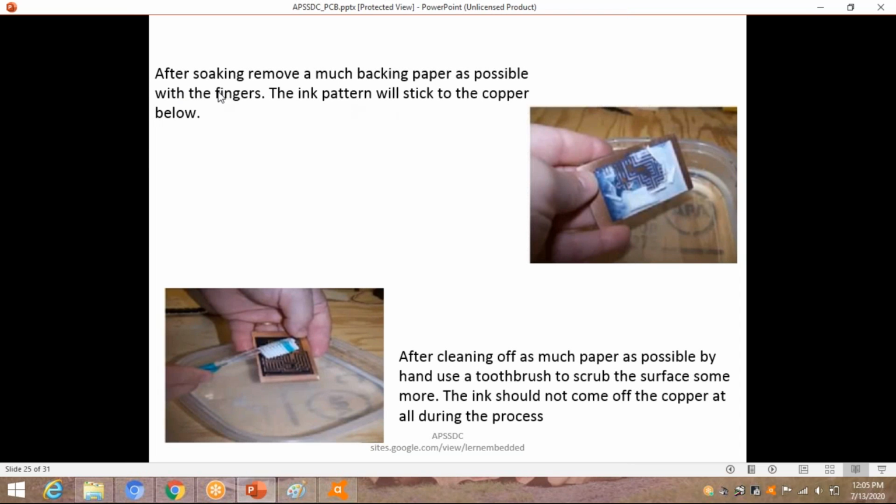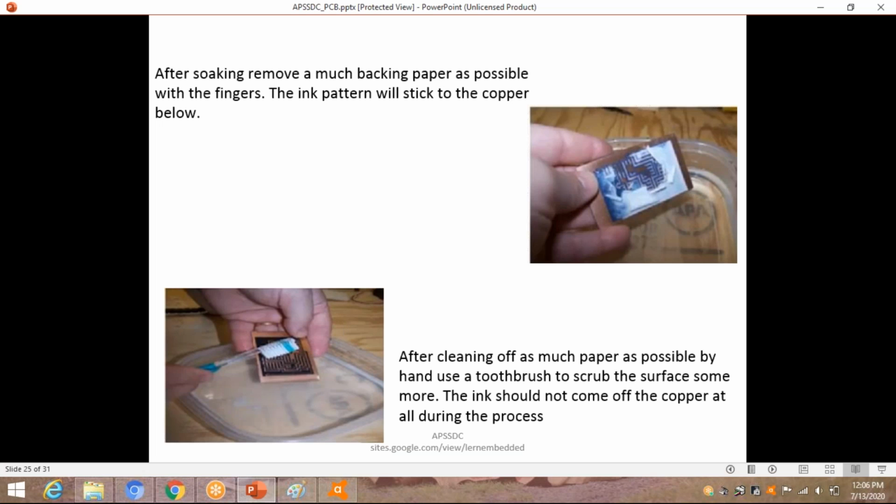After soaking, remove as much backing paper as possible with the fingers. The ink pattern will stick to the copper below. You can observe in the left bottom that the print is on the copper board. Here you have removed all the paper, but the ink print is printed on the board.